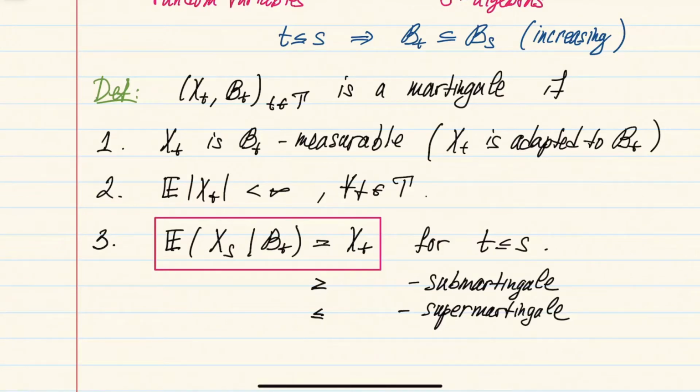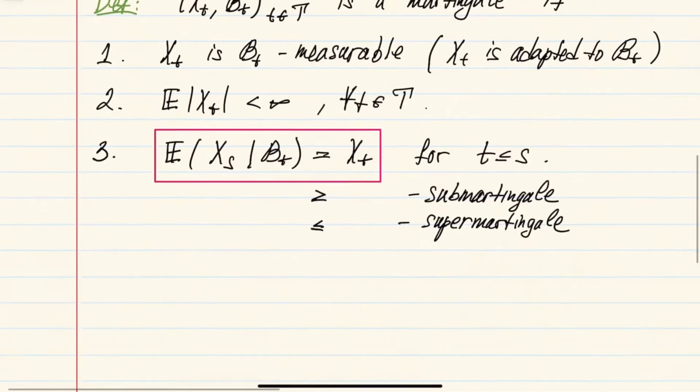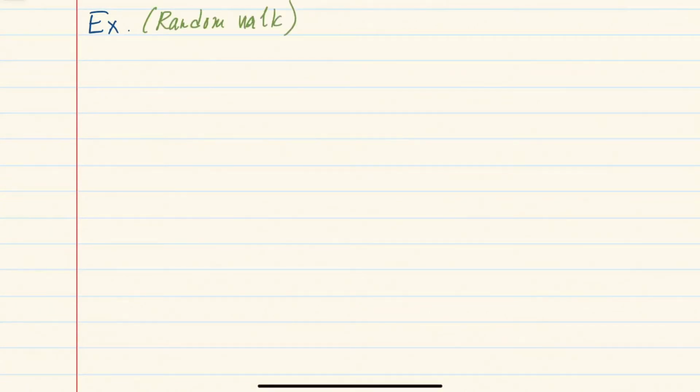So let's give a few examples right now. Let's start with the first, most basic example, which will also come back in the next section, which is just a random walk. Here we simply consider a sequence Xn of independent random variables on our probability space, and the index set here is just the natural numbers.